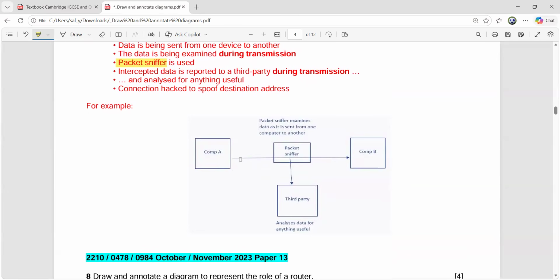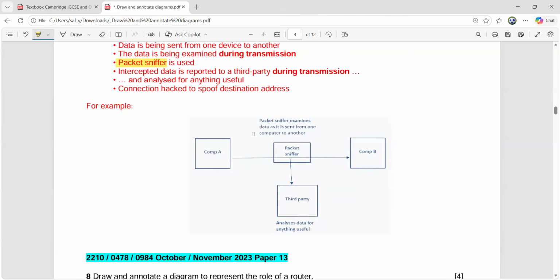And you can see computer A, computer B, and a third party, and this is a network. And the packet sniffer is going to be sitting in between computer A and computer B, and it will be sniffing the packets. It will be actually getting the packets, observing what is there in the packets. And this is what is written here.